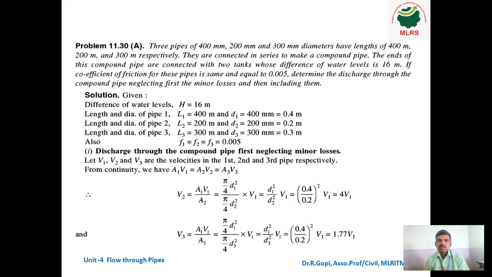The only difference is that previously they gave 3 coefficients of friction for the 3 pipes, but in this problem they didn't give 3 different coefficients, so they are taken as common. That means the same coefficient of friction for the 3 pipes, it is 0.005. And here also we have to consider with minor losses and without minor losses. This problem we will discuss in the next class.